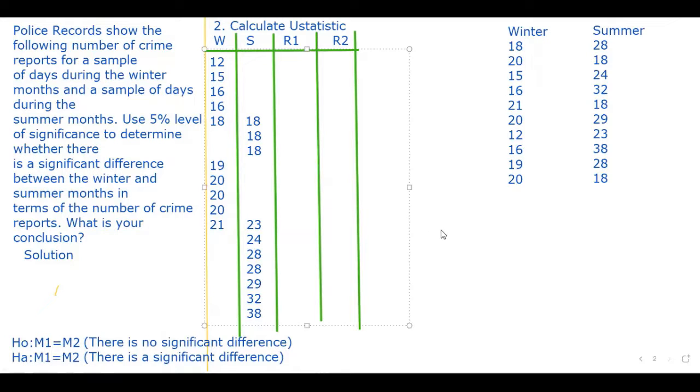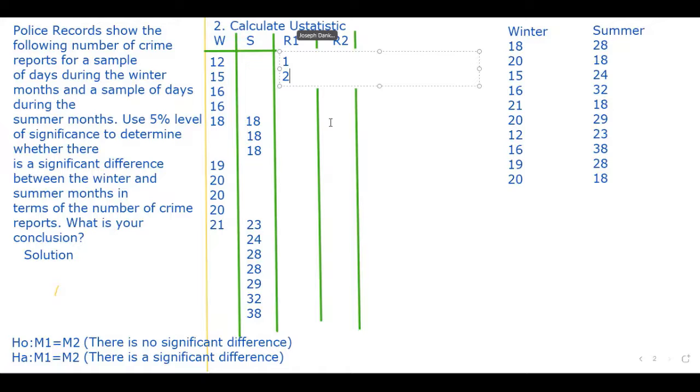Okay, we are going to rank them. What is the least value and where does it fall? It falls in rank 1. So the 12 will be 1, and 15 will be 2. Now looking at 16, they are tying within the same population.